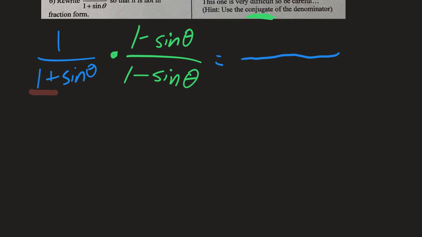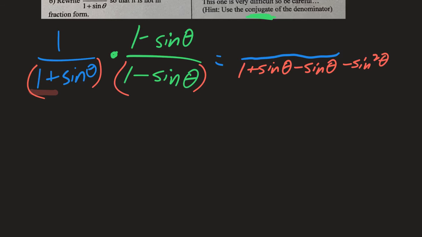So 1 times 1 is 1, plus sine theta, minus sine theta, and minus sine squared theta. And on top, 1 times 1 minus sine theta is 1 minus sine theta.